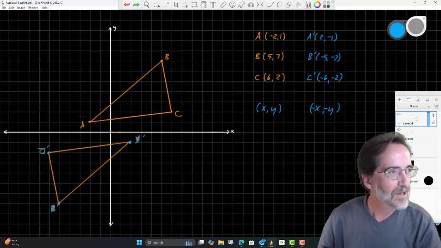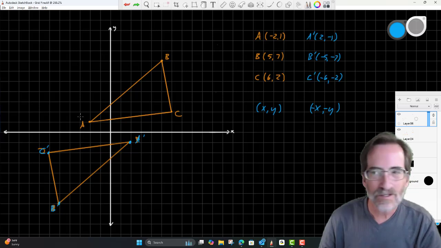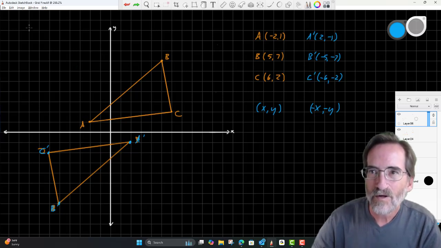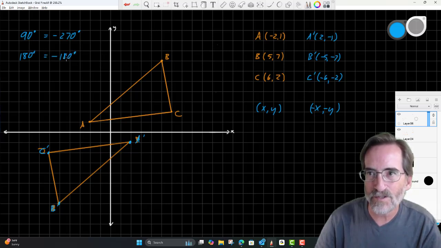All right, I think we have got it. Just remember that a 90 degree rotation counterclockwise is the same as a -270 degree rotation. A 180 degree rotation counterclockwise is the same as a -180 degree rotation.